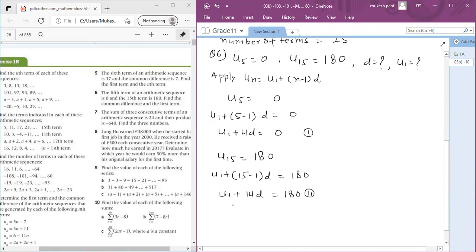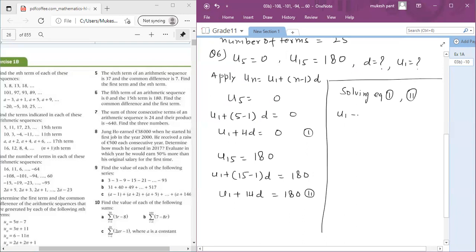Now we can solve equation 1 and 2 by the elimination method. Suppose I write equation 2 first: u1 plus 14d equals 180, and then equation 1: u1 plus 4d equals 0.